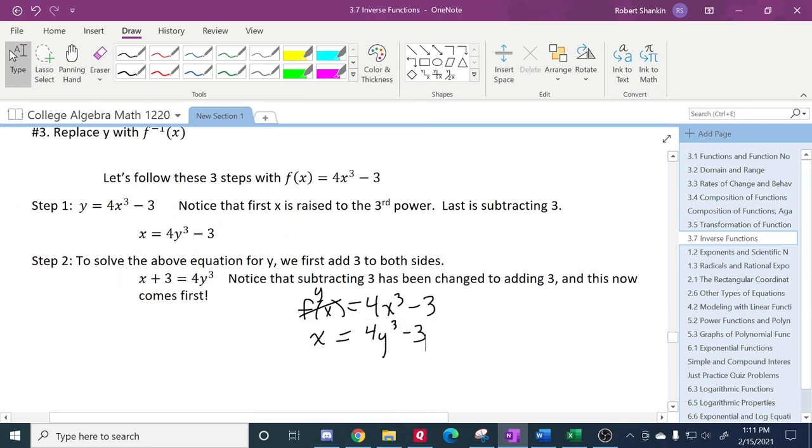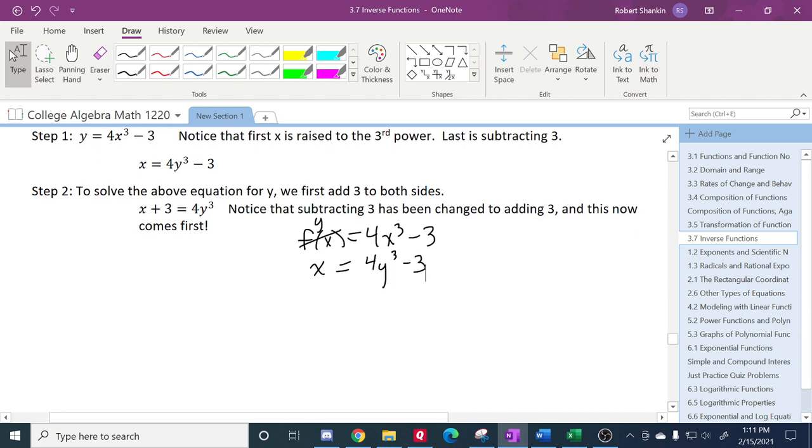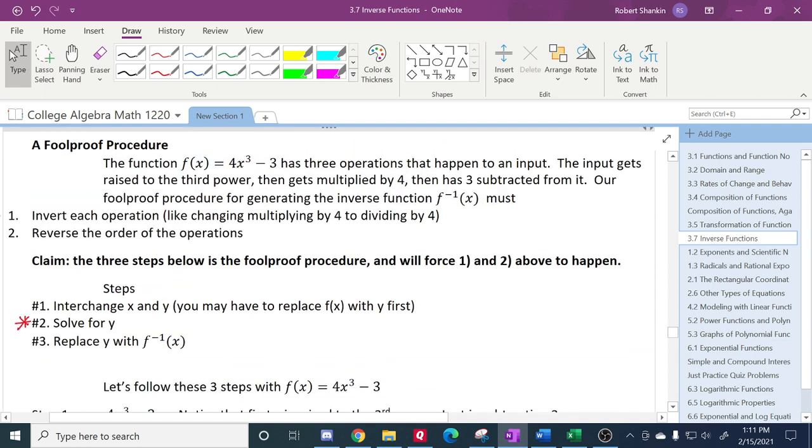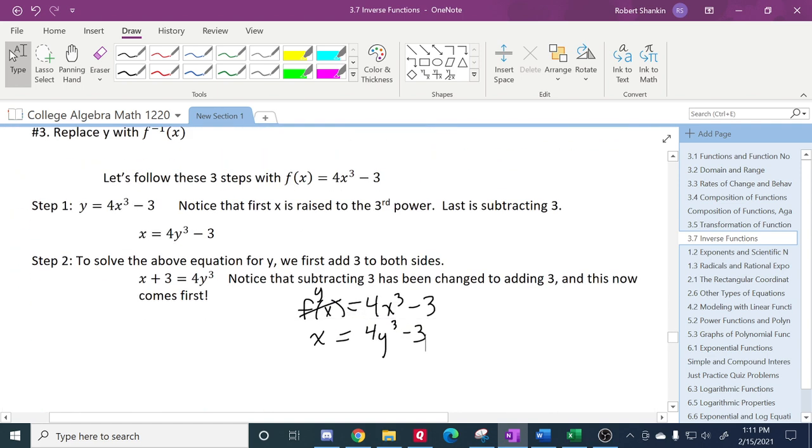Now when I solve for y, remember what I said a little while ago. If x was 10 and you were trying to find f of x, you'd have to cube it, multiply by 4, and finally the last thing would be subtracting 3. Well, when we solve for y, what's the very first thing we're going to wind up doing here?